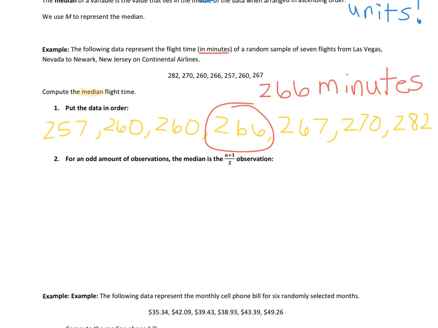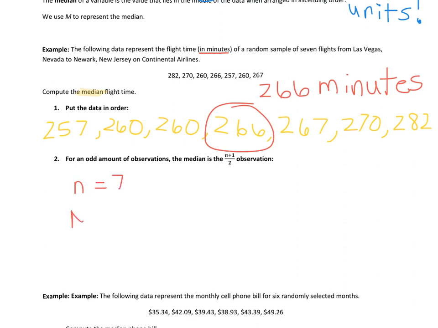If we had a large data set and we weren't able to just look at it using our fingers, we also have a formula. For an odd number of observations, the median is the (n plus 1) over 2 observation. So let's do that for our example. What's our sample size? 7.